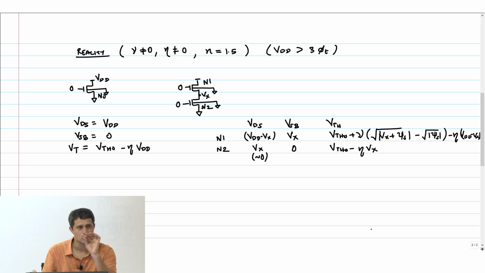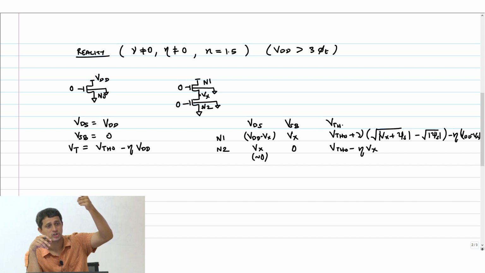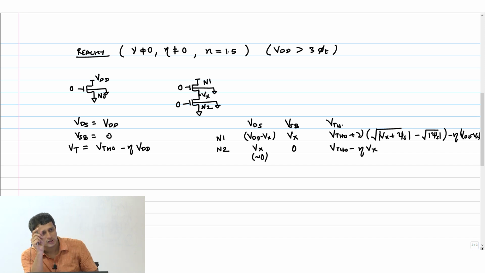We will just look at the intuition here now. So now what is happening is the transistor N1 is seeing a much lesser VTH than N0. And when I say much lesser, remember, because the leakage is exponentially dependent on VTH, even that small DIBL effect can make a big difference to this leakage current.